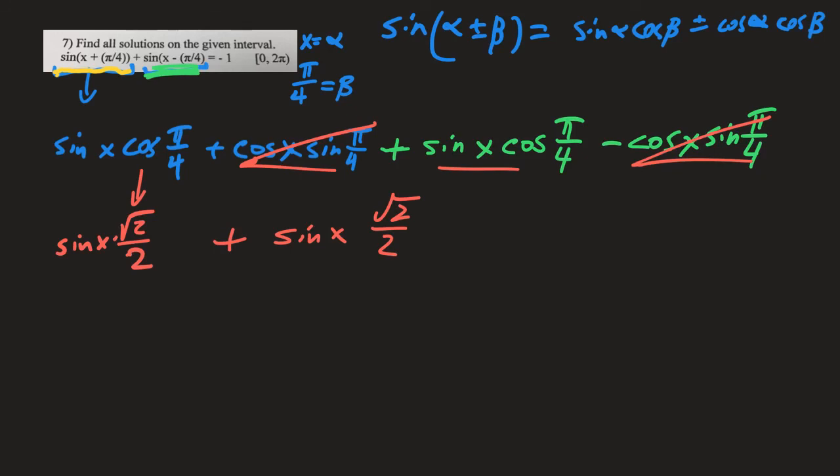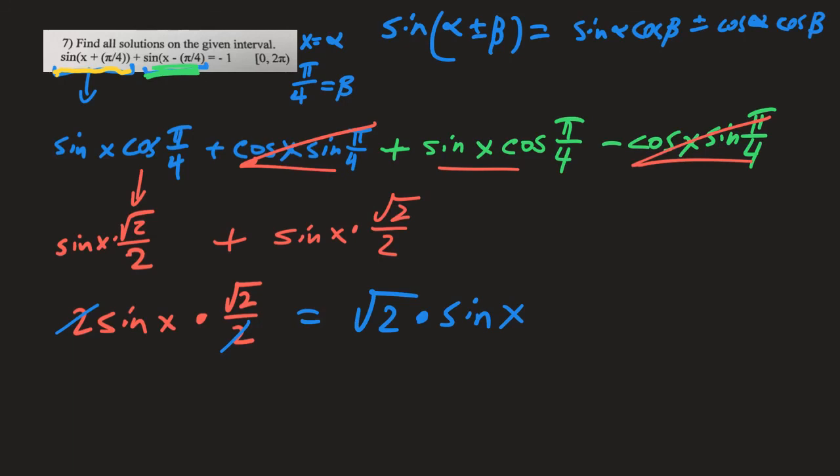I see that there are two of these, so let's put 2 sine x times root 2 over 2. Conveniently, this times 2 and this divided by 2 cancel out. So currently I've got square root 2 times sine x. I just put the square root in front for convenience. And all of that is equal to the negative 1 that we were talking about earlier.